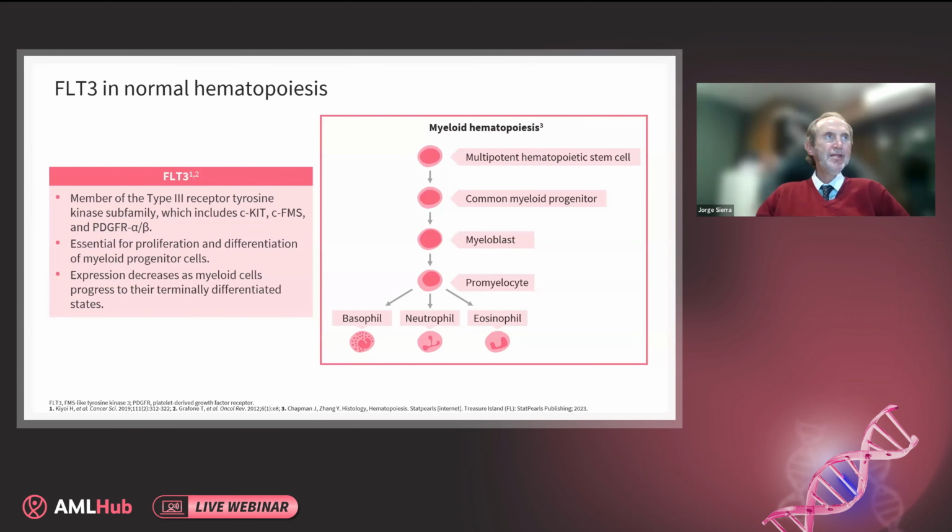significance. FLT3 is a member of the type 3 receptor tyrosine kinase subfamily, which includes KIT, CSF1R, and PDGFR alpha and beta. This receptor is essential for proliferation and differentiation of myeloid progenitor cells, and its expression decreases as myeloid cells progress to their terminally differentiated states.